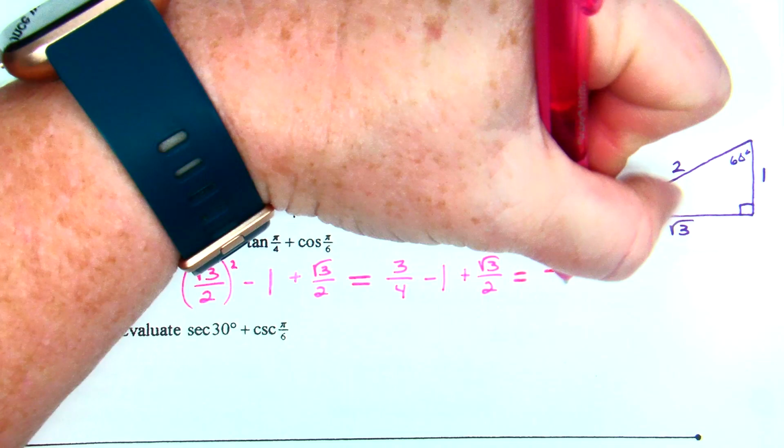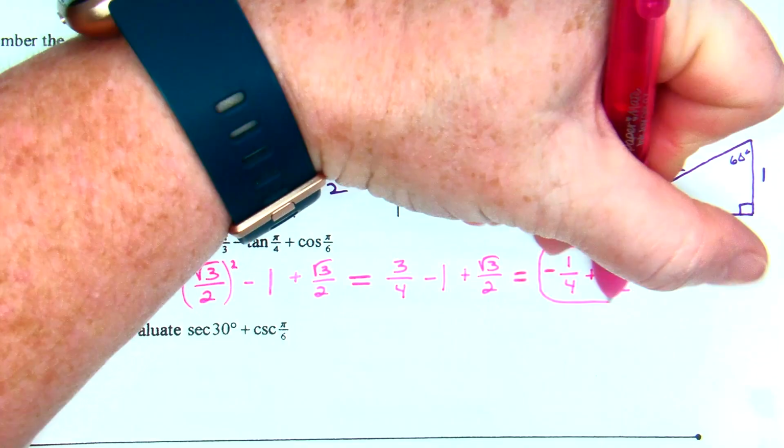Well, what would be the common denominator? We'd have to have 4, right? Which means this fraction has to be multiplied top and bottom by 2. So I'd say negative 1 plus 2 square root of 3 all over 4. Okay, I put that together in my head. I hope that's okay. I mean, it would be negative 1/4 plus 2 square root of 3 over 4. Put them together as one fraction.